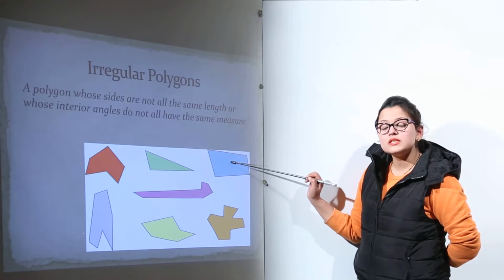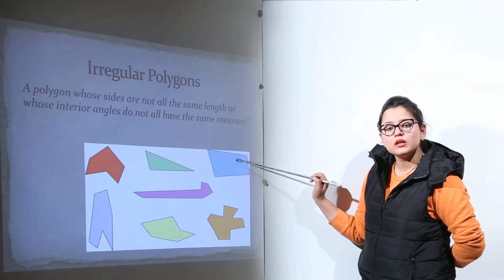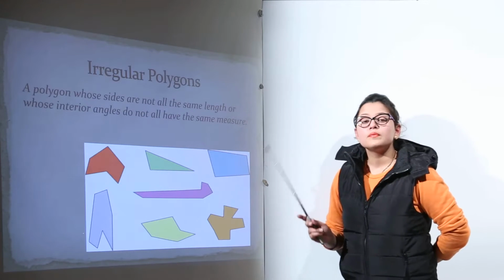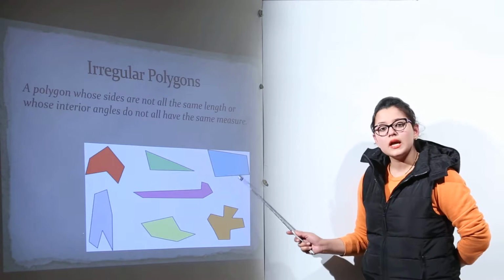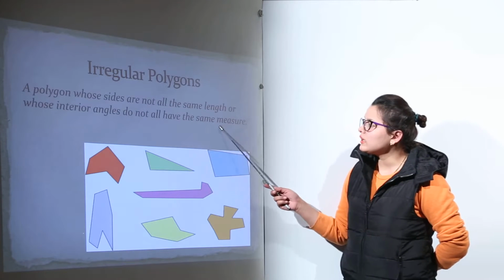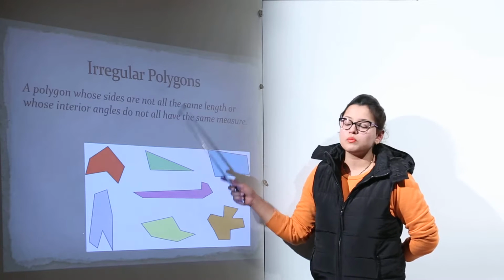Why? Because even if the angles are equal, the sides are not equal. For a polygon to be regular, all the sides should be equal and all the angles should be equal. So, this is not a regular polygon. This is going to come under the category of irregular polygons.